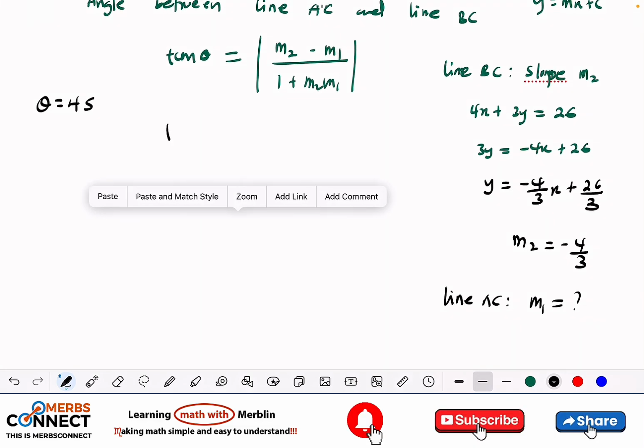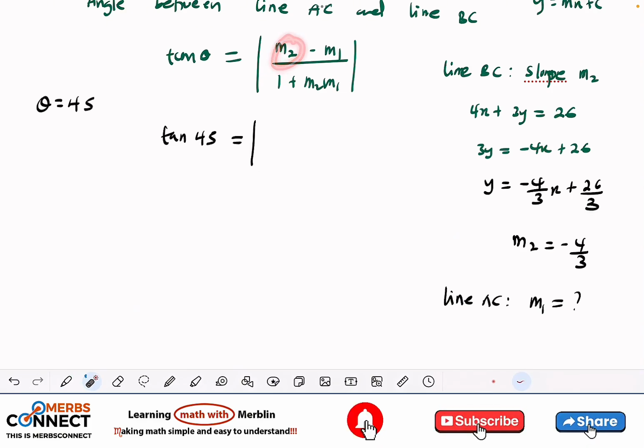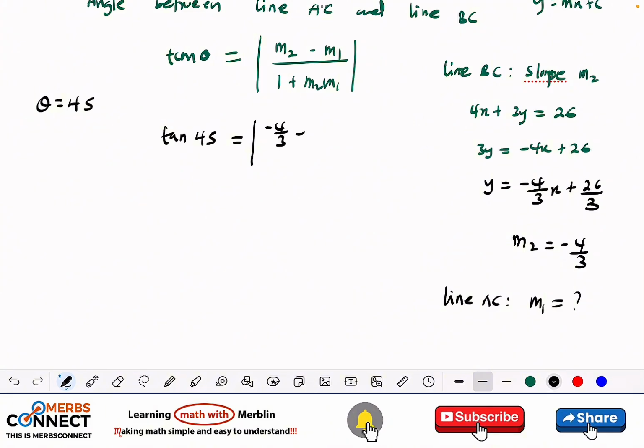So this is going to give us tan 45 equal to the absolute of M2, which is minus 4 on 3, so minus 4 on 3 minus M1, divided by 1 plus M2 times M1. So this is going to give us 1 minus 4 over 3 M1.